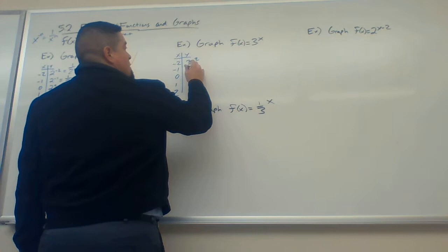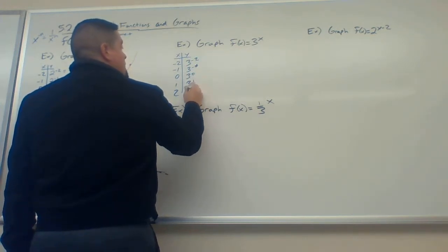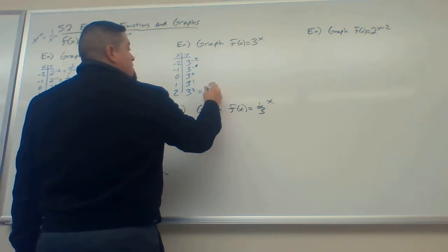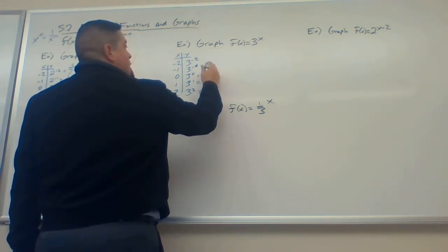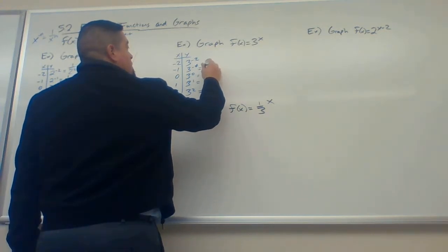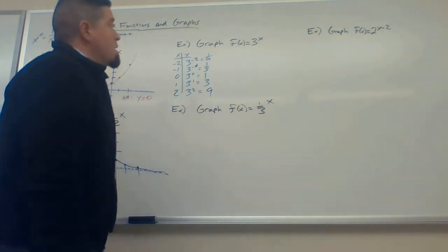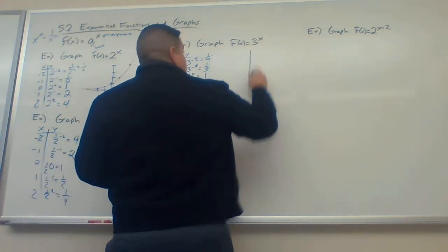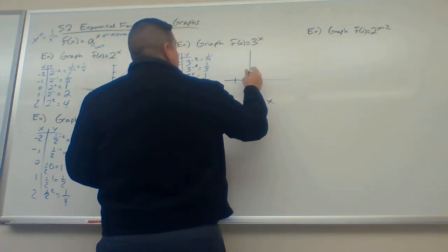So this is 3 to the negative 2, 3 to the negative 1, 3 to the 0, 3 to the 1, 3 squared. 3 times 3 is 9, 3 to the first is 3, 3 to the 0 is 1, 3 to the negative 1 is 1/3, and 3 to the negative 2 is 1 over 9.